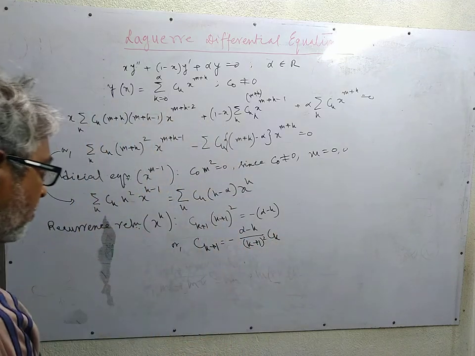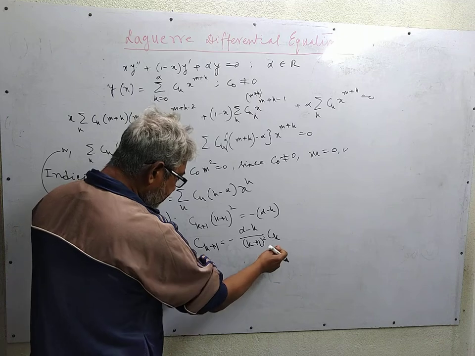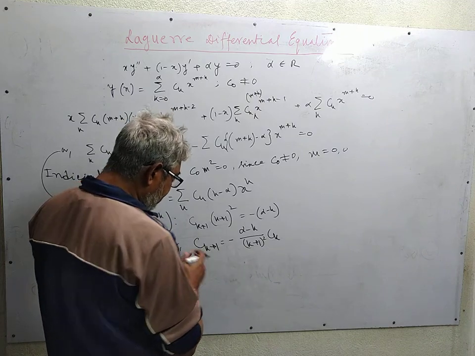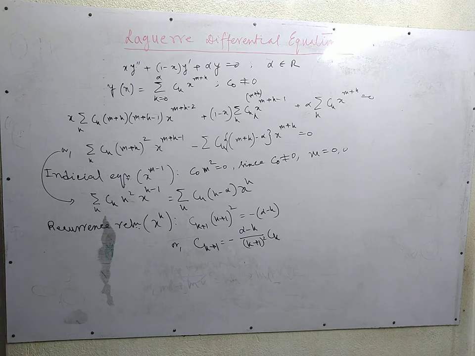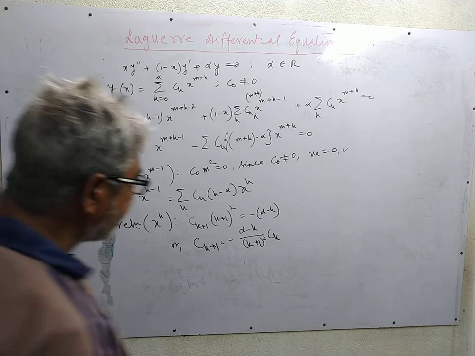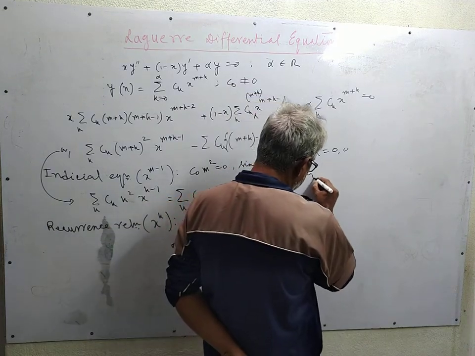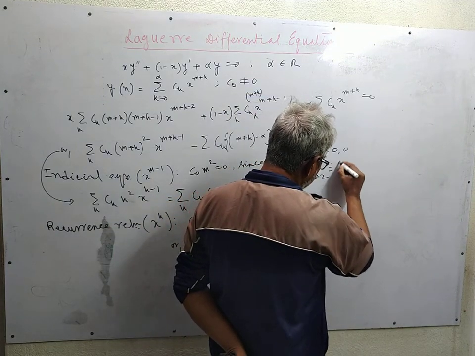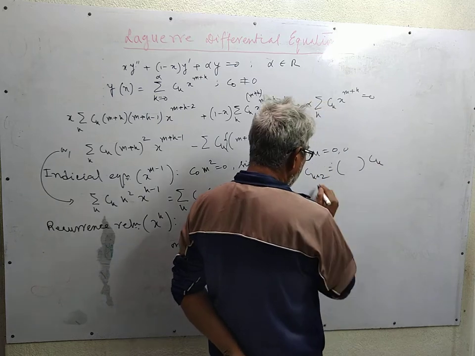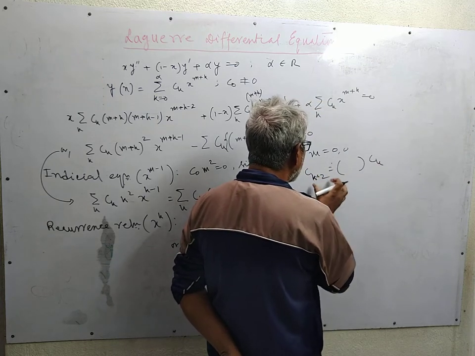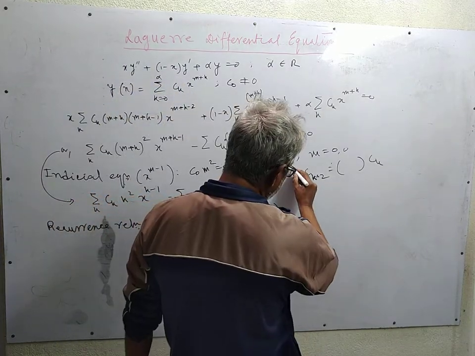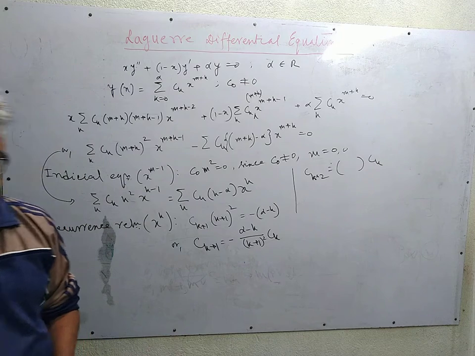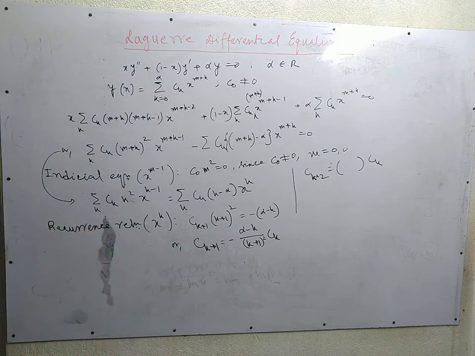Knowing c0, we can get c1, and from c1 we can get c2, and the series can be generated in this fashion. Note that in the earlier two occasions we found a relation between c_(k+2) and c_k, so there was a jump in power. That is to say, in the case of the Legendre or Hermite differential equation, the solutions were either even or odd.